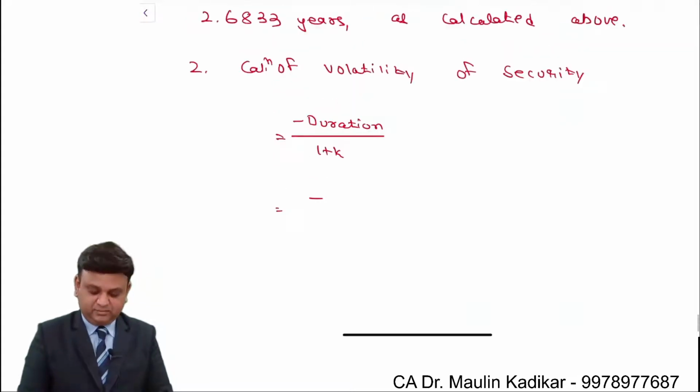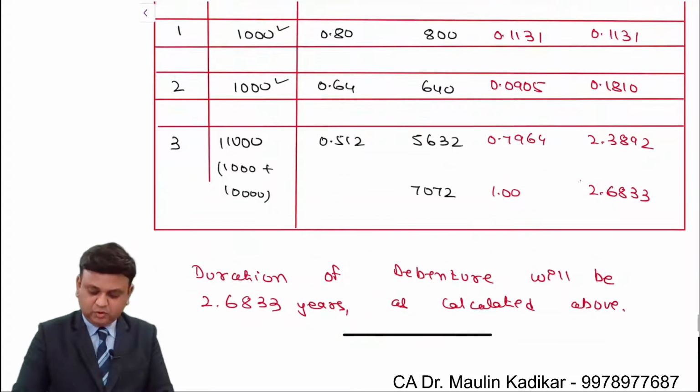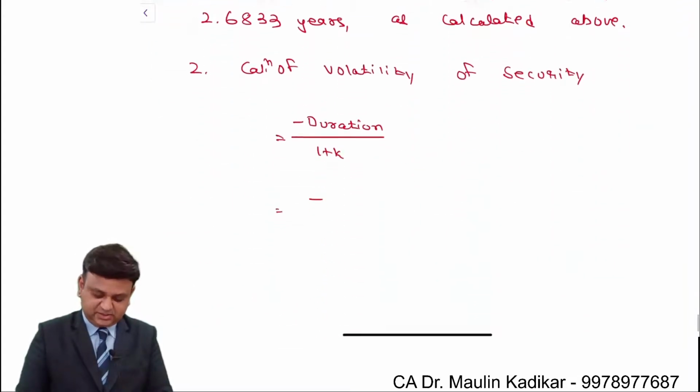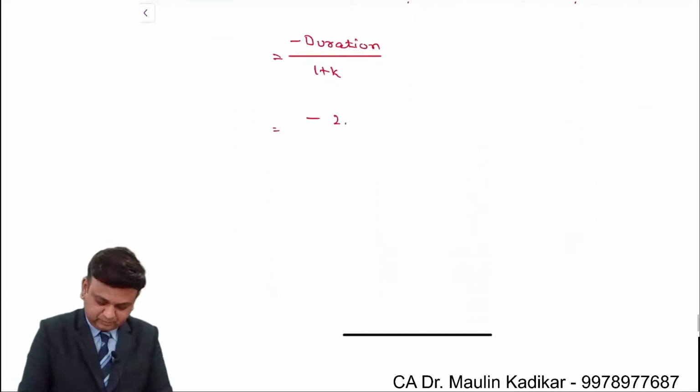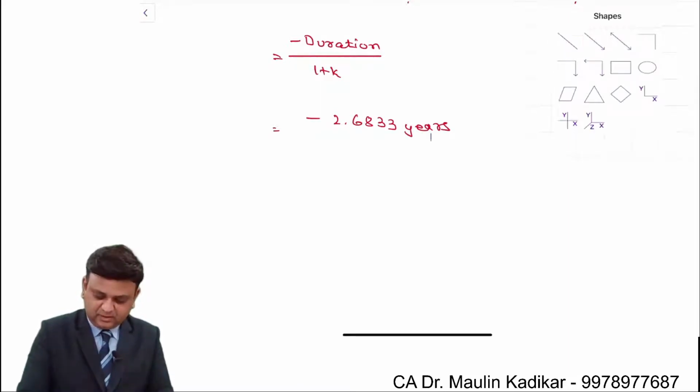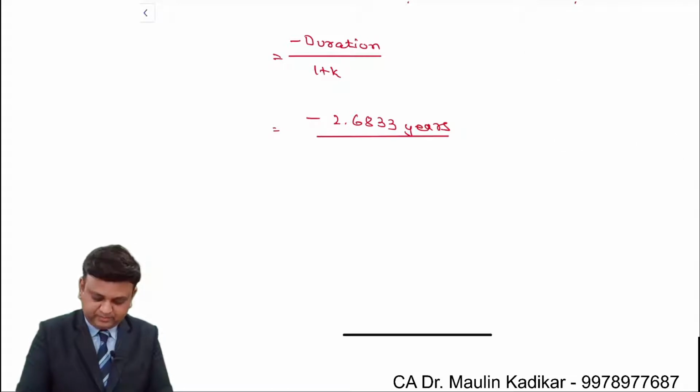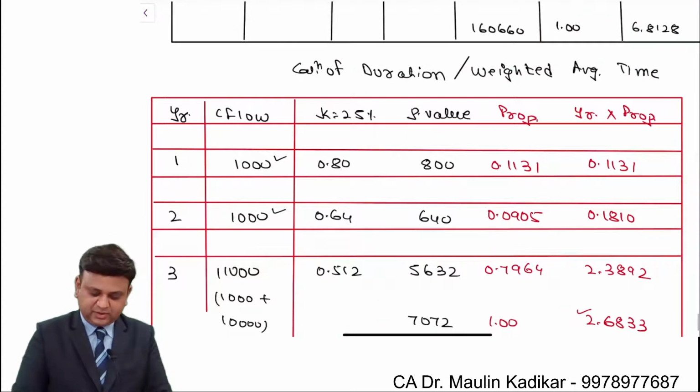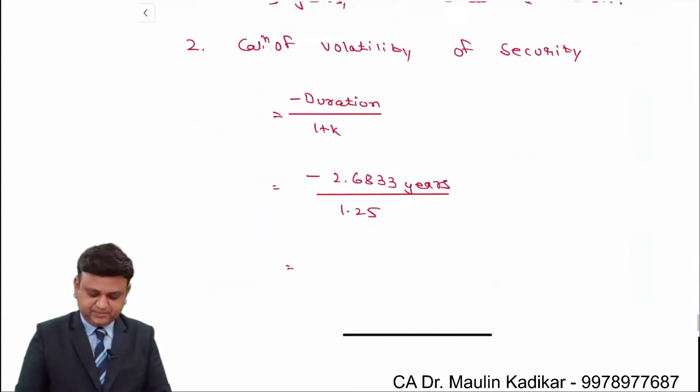So it is negative 2.6833 years divided by 1.25. That is the required rate of return, 25%.